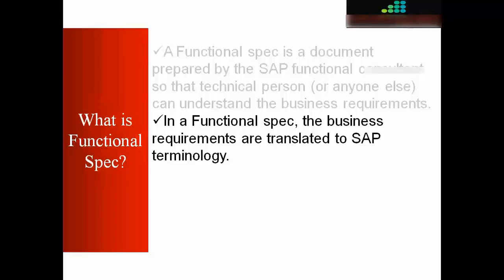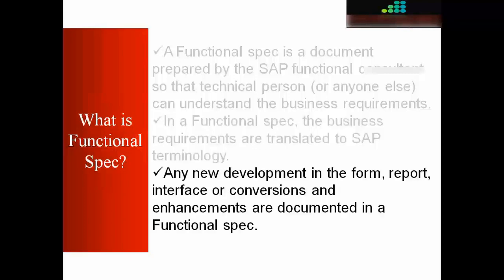I'll explain more about this in a minute. Any new development in the form, report, interface, or conversion and enhancements are documented in the functional spec. Whether we need a report, a form, any interface between two systems, any conversion, any development, enhancement, whatever the requirement is, it will be documented in the functional spec.